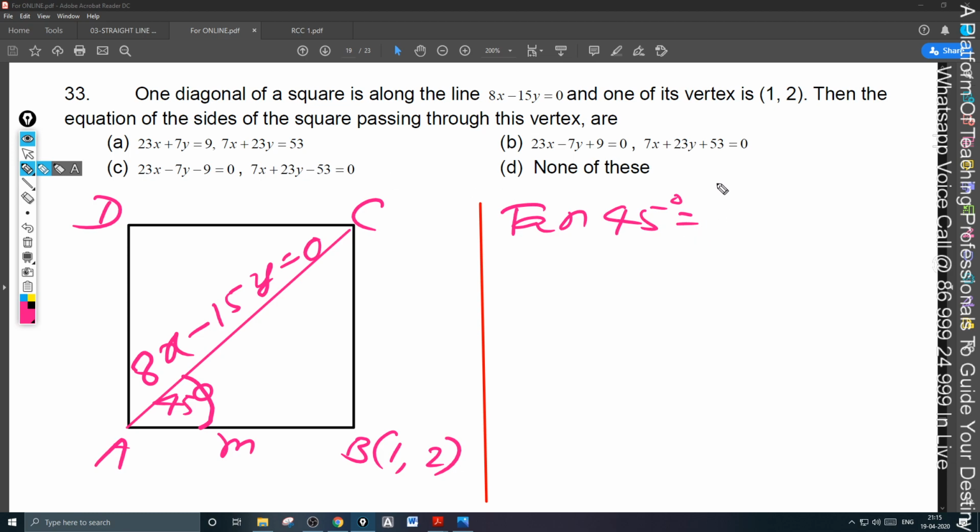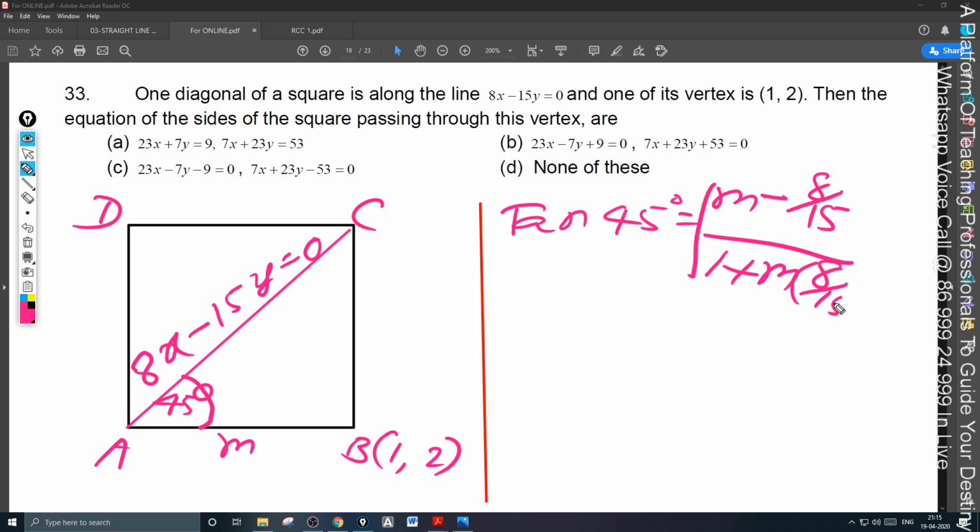What is m1 here? m only. What is m2 here? Slope of this, 8 by 15. So 1 plus m into 8 by 15. Modulus of this.